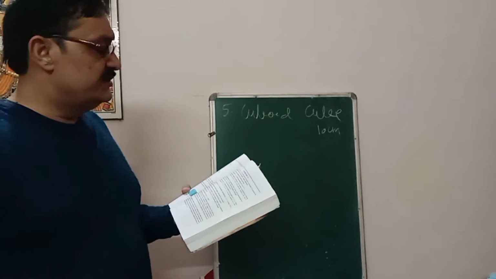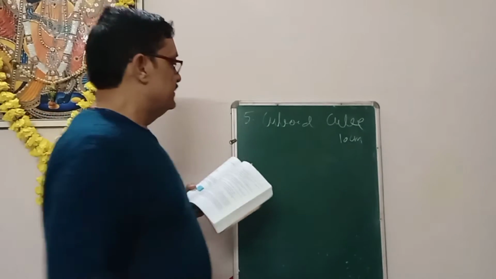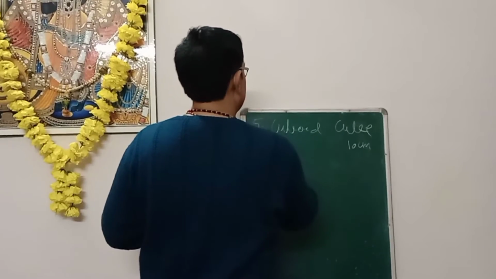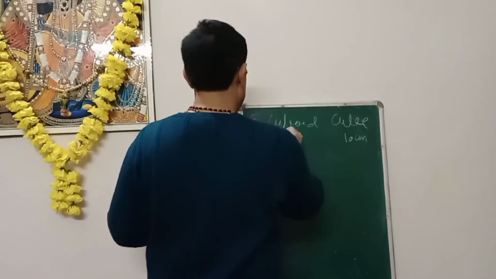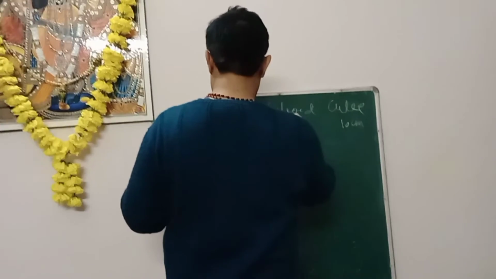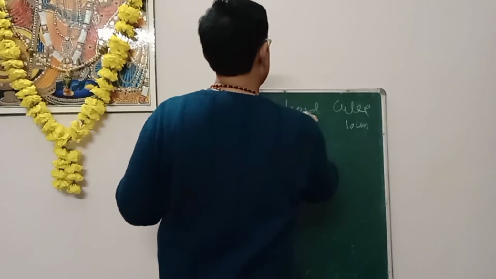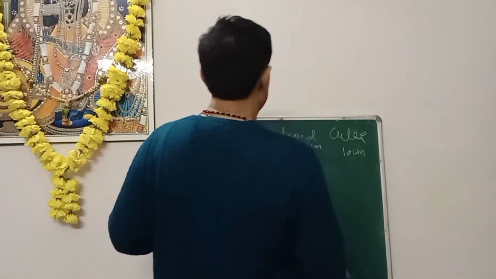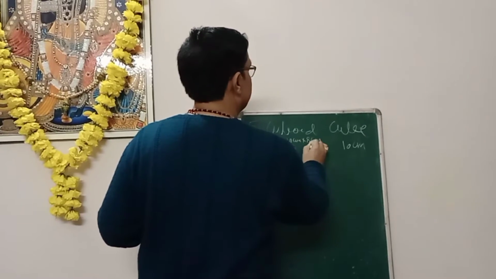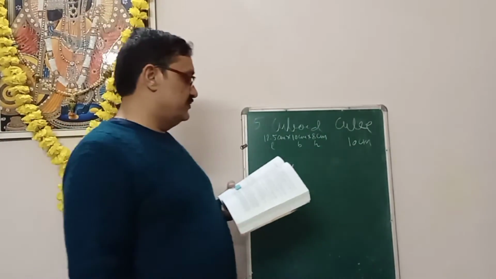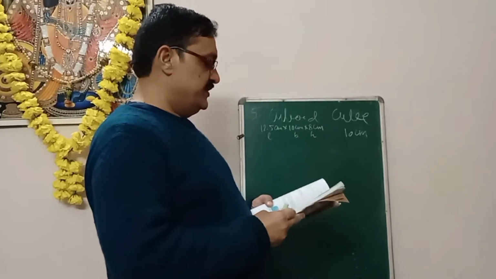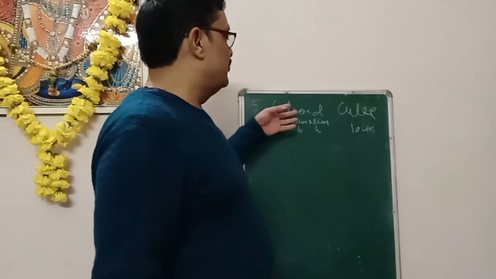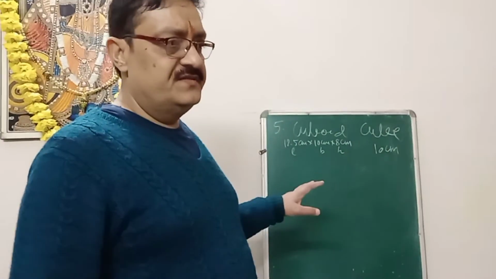In case of the cuboidal box, the dimensions are given as 12.5 centimeter into 10 centimeter into 8 centimeter. This is L, this is B, this is H. So the dimensions of both the cuboid and the cube are given.